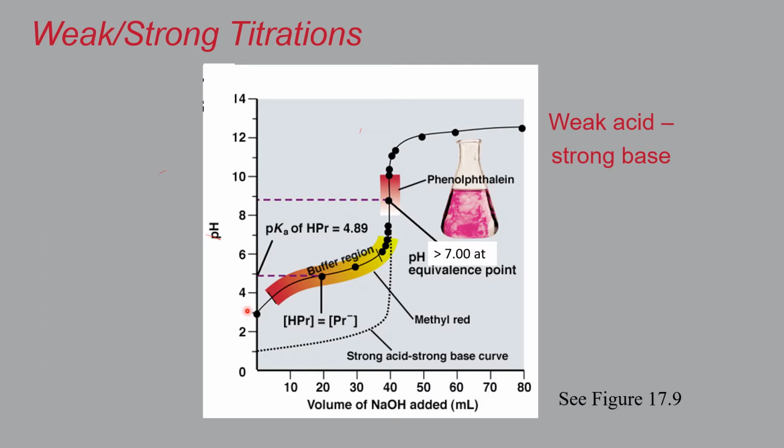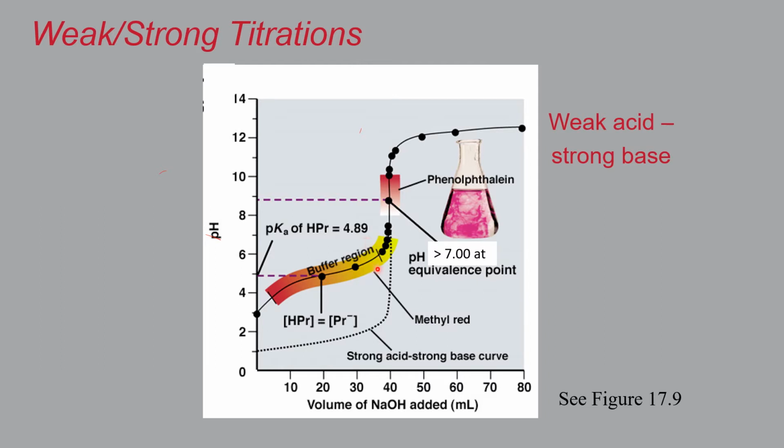So even though it's the same concentration, most of the propionic acid doesn't ionize to form hydronium, so the pH is going to start quite a bit higher. In this case, a full 2 units higher. The exact difference depends on exactly what acid it is. And you've got a case where the pH starts to change fairly rapidly, and then the rate of change kind of stops a little bit, and then starts to go back up again.